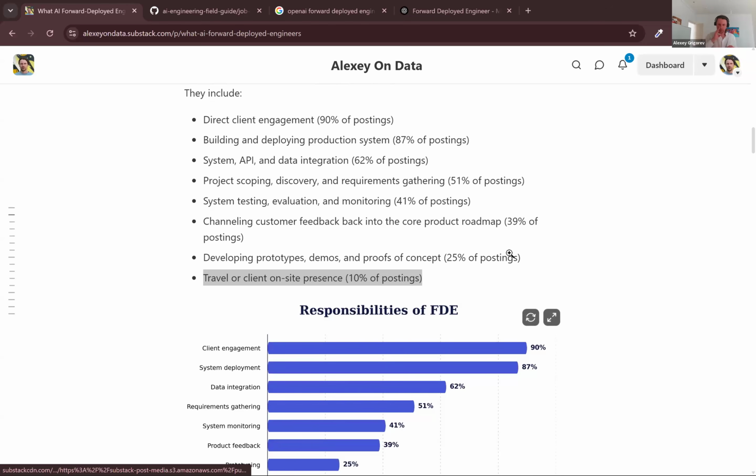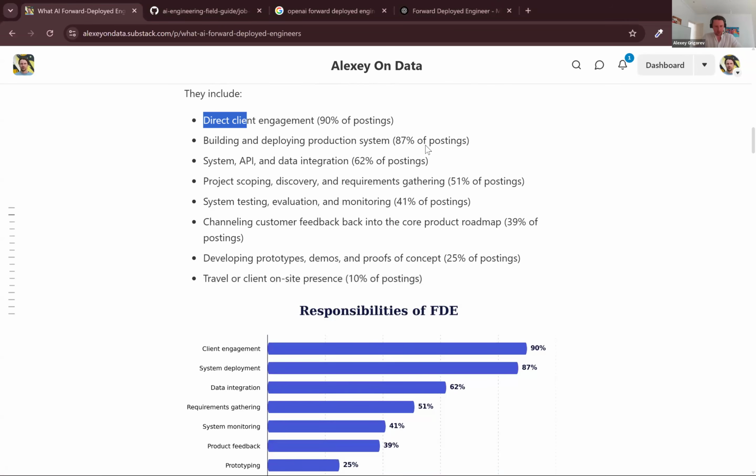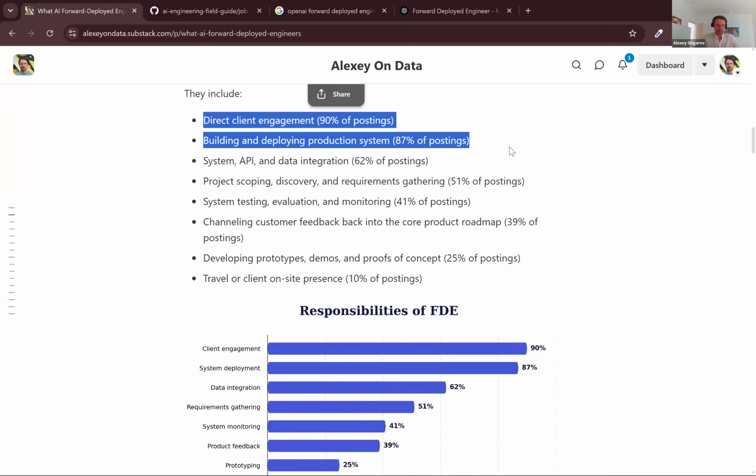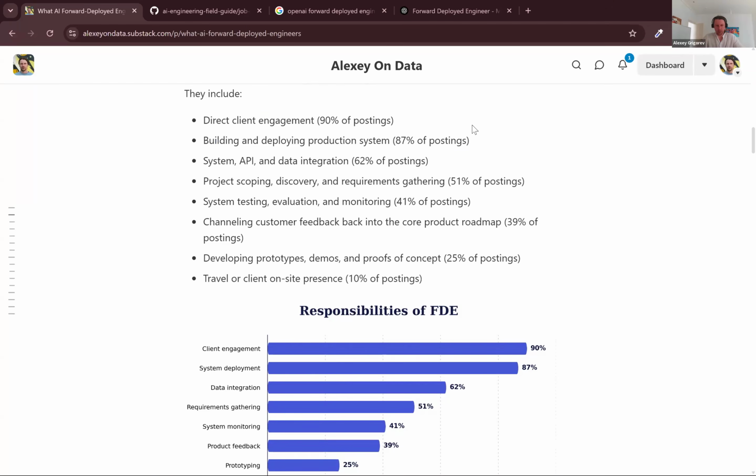So this is the data I have, and as you see, most of them mention this. From what I see in the industry, if you take forward deployed engineers, most of them mention that. So I think there is a general agreement that they work directly with clients and they work on production systems.